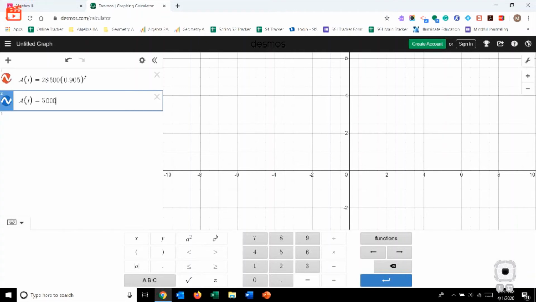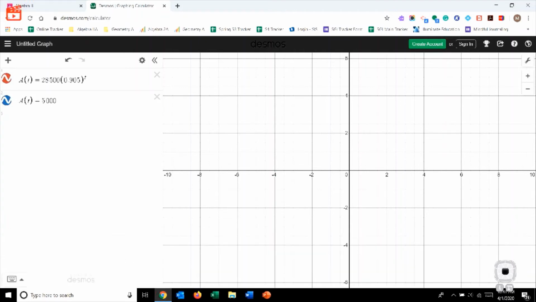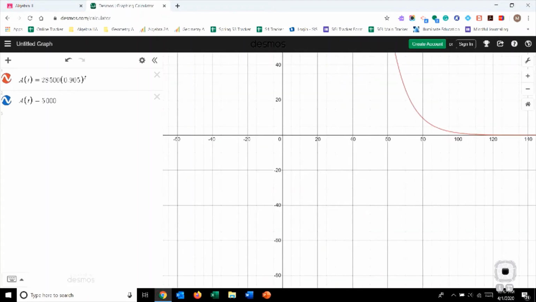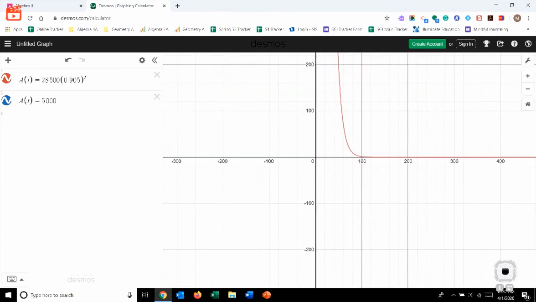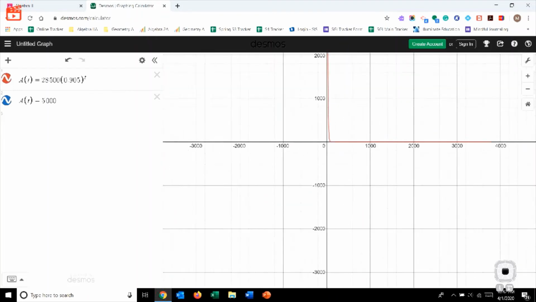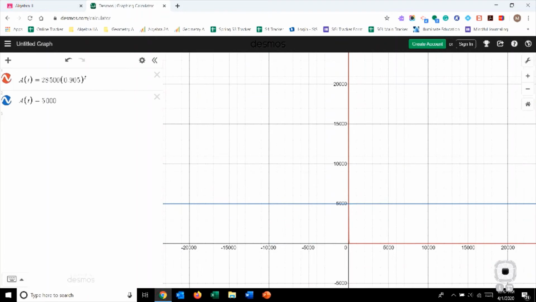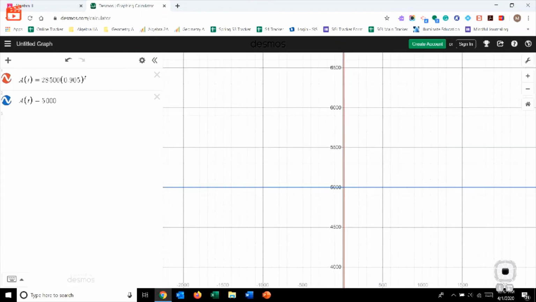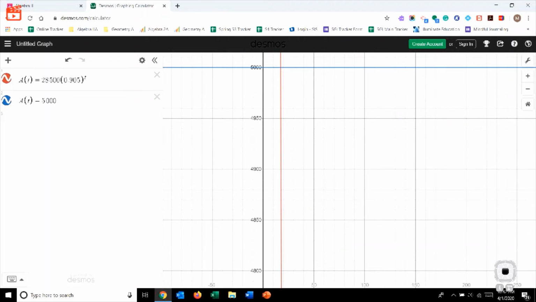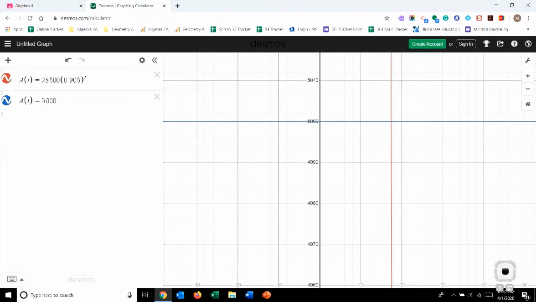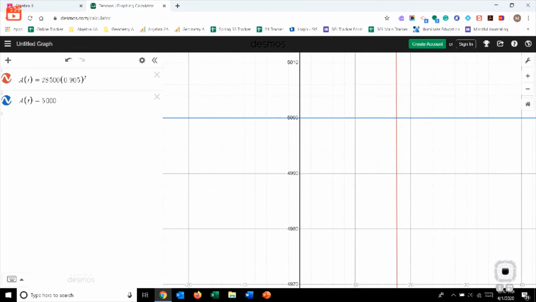And don't worry if you don't see anything here. We need to zoom out to see where the graph is occurring. Okay, so then let me zoom into where these cross, and let me just center this. So this intersection is at 5,000.